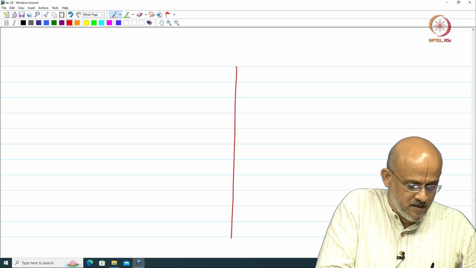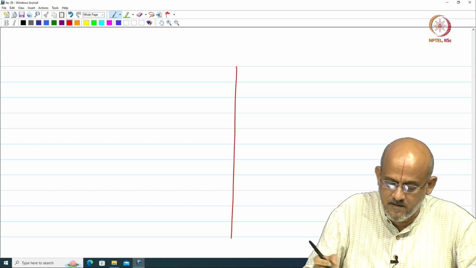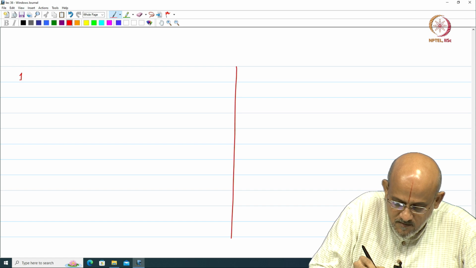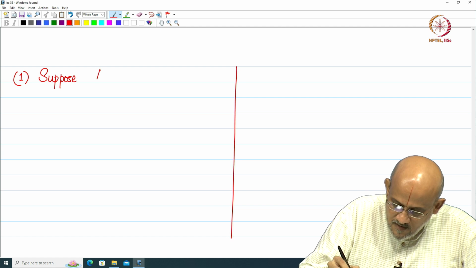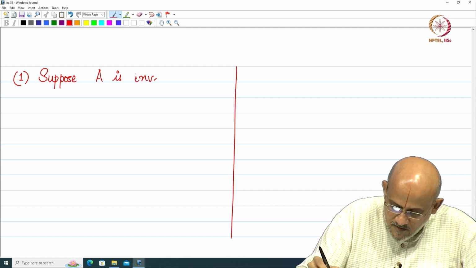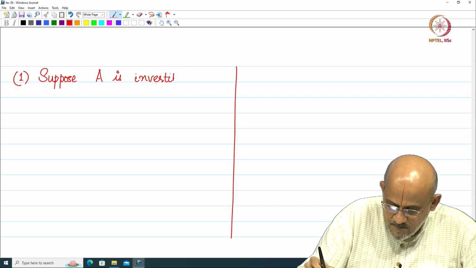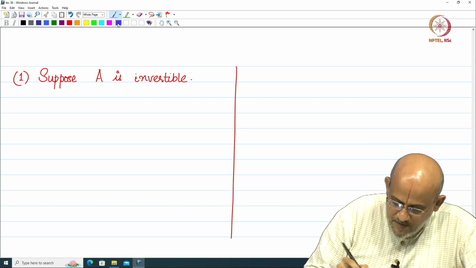The first thing we already know, what is that? We know that, okay, so let us take the first one. Suppose A is invertible, right. That means A is an n by n matrix.